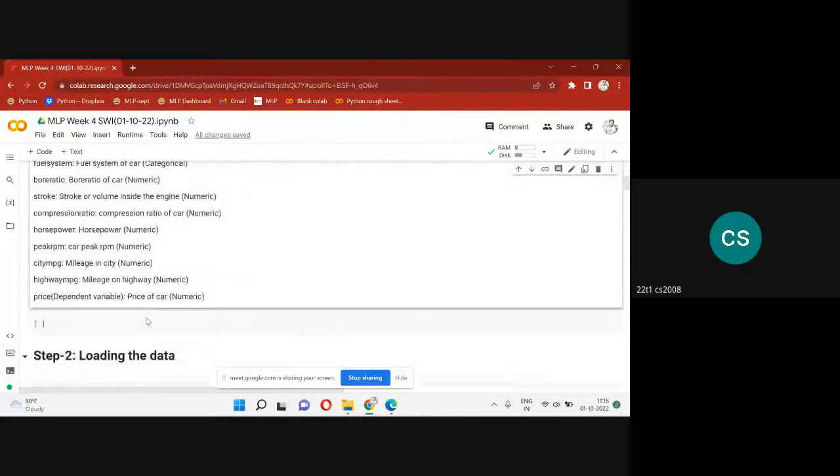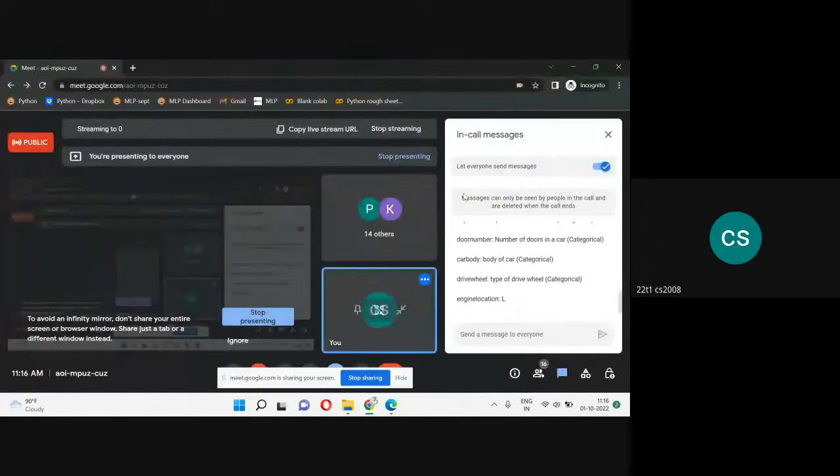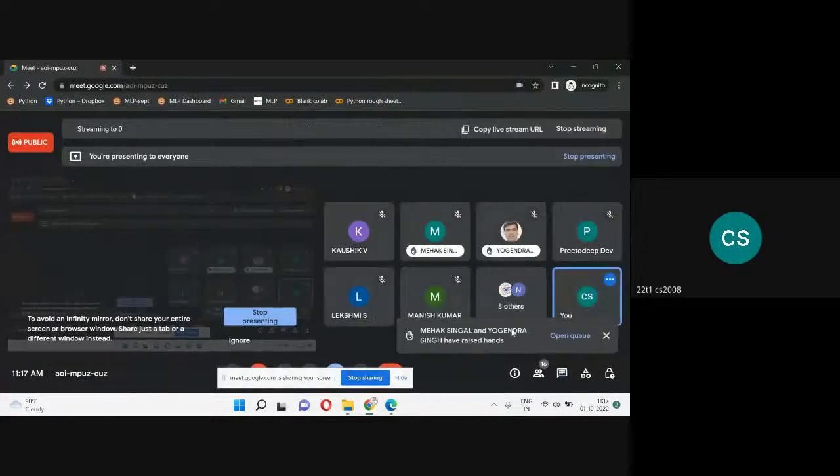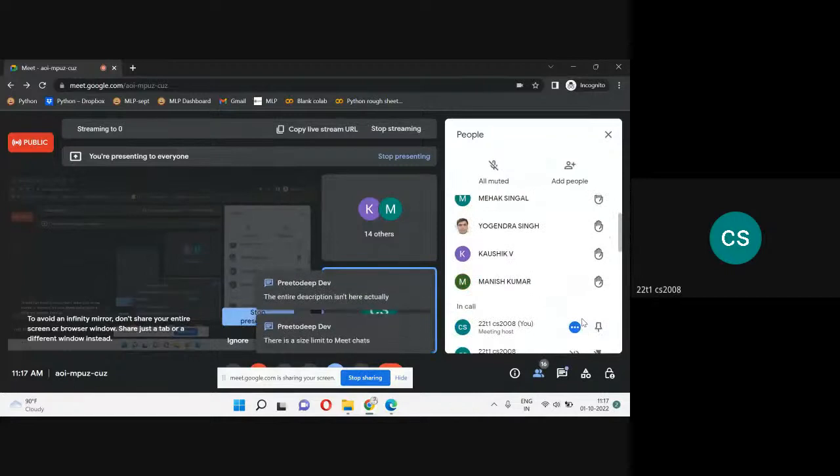Whoever has already loaded the dataset, they can raise their hand so that I can get the count. Two people. Okay, three, four. The description is not there.